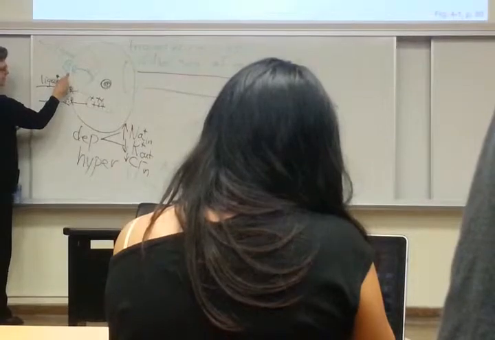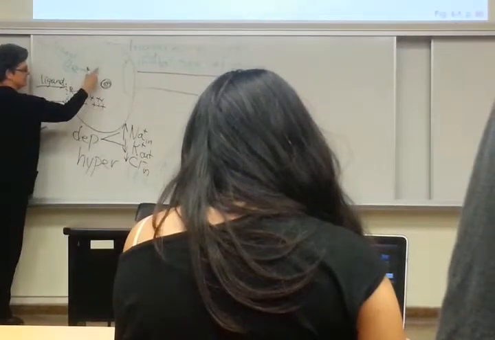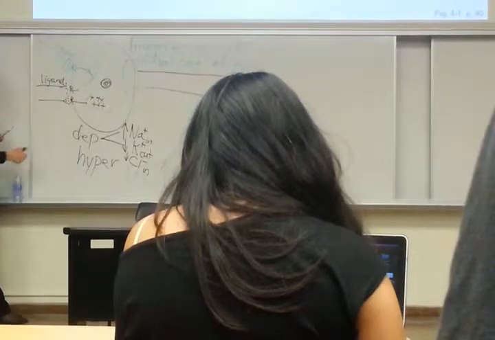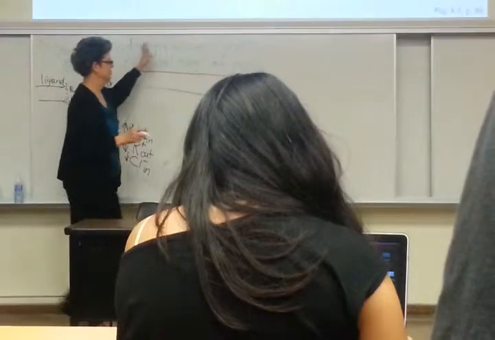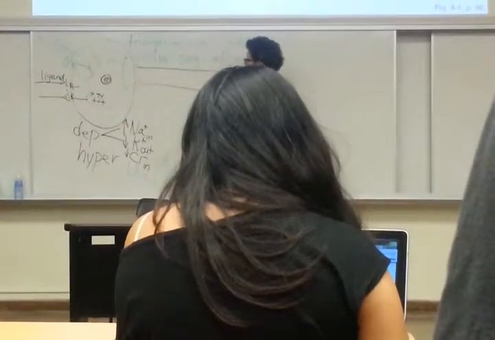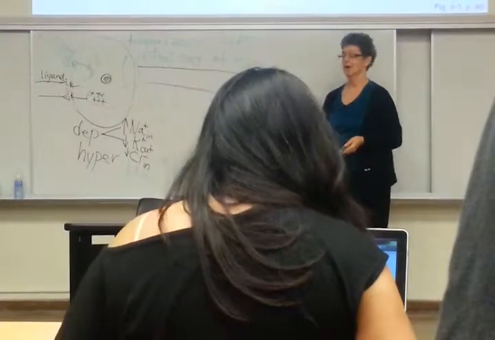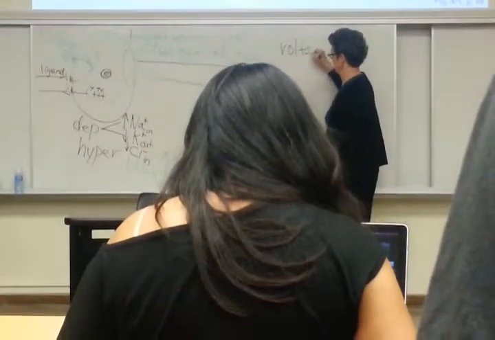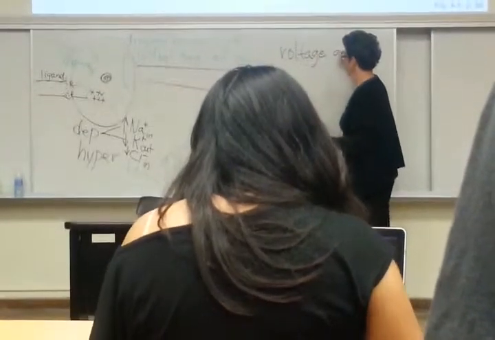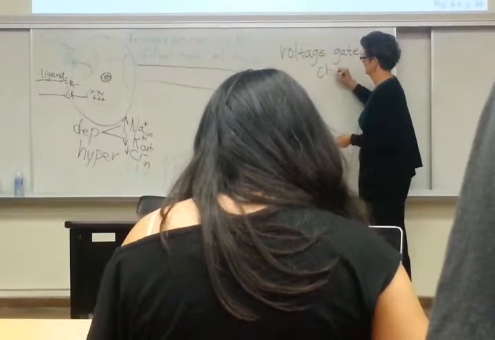So you have to have the ligand bind to the receptor, and then events change within the cell. What you have at this trigger zone and initial segment are not ligand-gated channels. They are voltage gated channels.